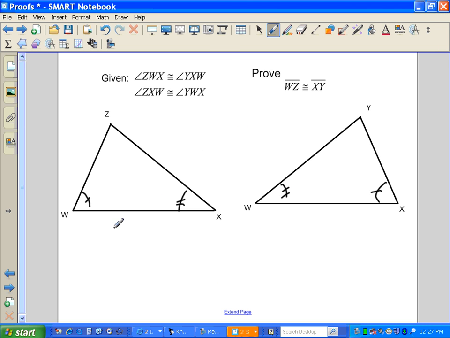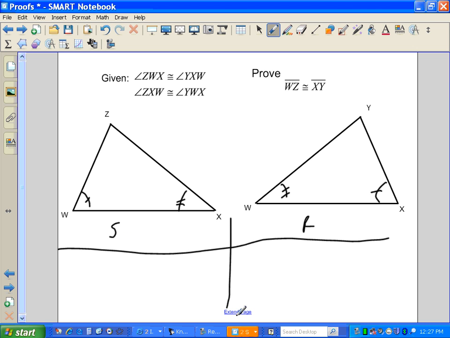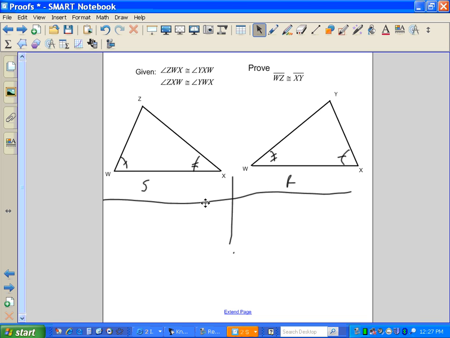What I then want to do is make my two-column proof, and I want to give myself plenty of room to do the writing. So I have a statement column and a reason column, and I hope I can extend the page a little bit so that I have room to do my actual proof. We usually start with statement number one, which is what we know already.